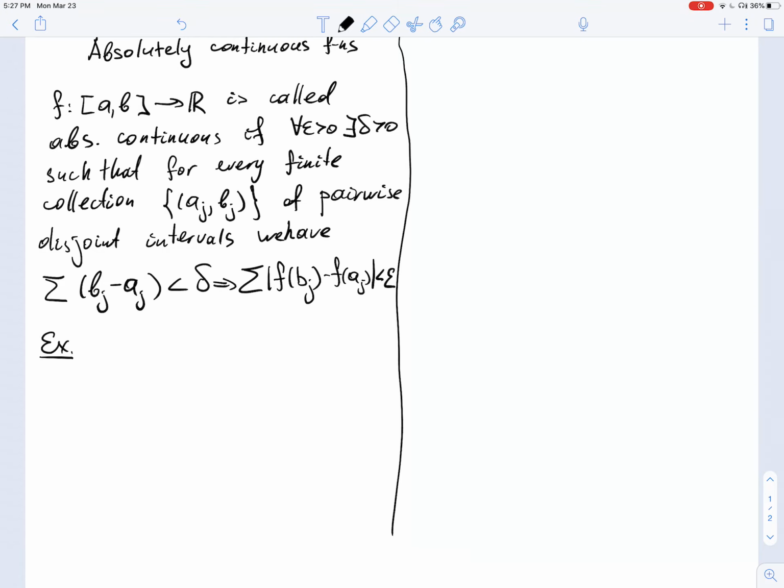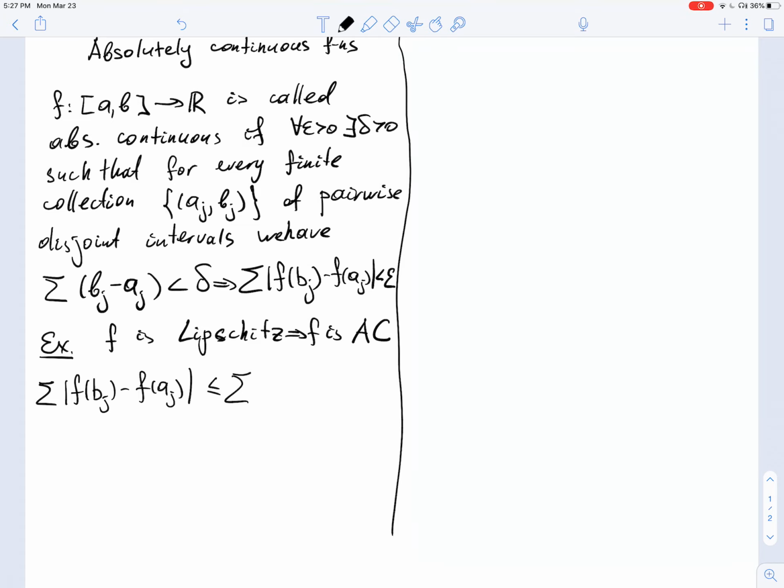So example, if f is Lipschitz, then it's absolutely continuous. And we will abbreviate it to AC. Why is that? It's because sum of f of bj minus f of aj is less or equal. And what does Lipschitz mean?